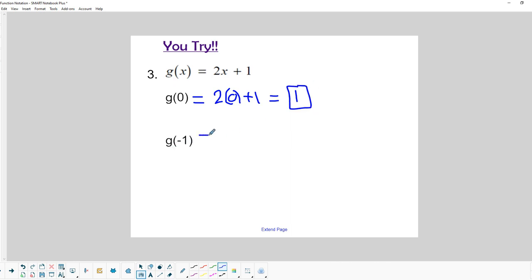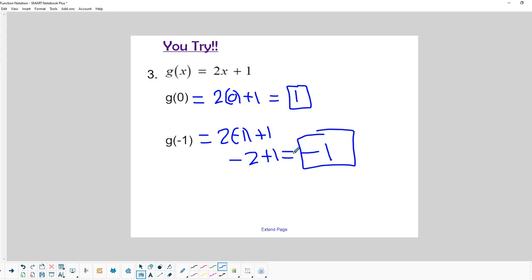How about 2 times -1? This tells us to input -1 into our function, and then add 1. So 2 times -1 is -2, and -2 plus 1 equals -1. All right, I like it.